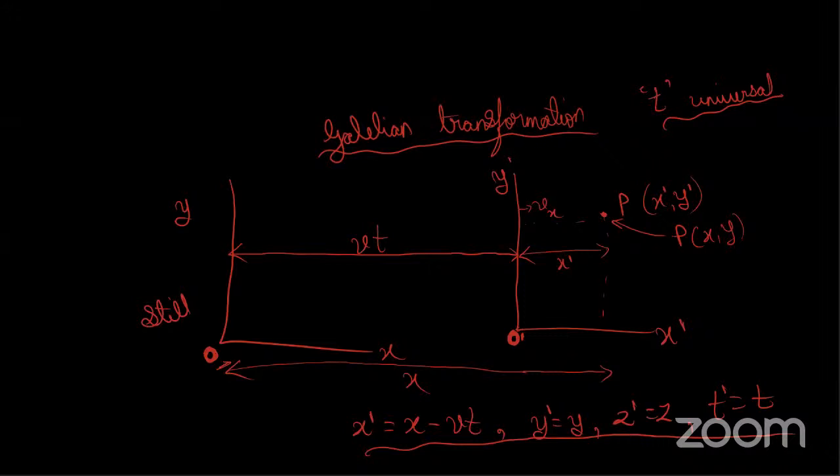Now, according to the Galilean transformation, if the particle is having some velocity ux, then what would be the velocity of the particle for an observer at O? Then we can find the velocity: d by dt of x dash is equal to d by dt of x minus vt.